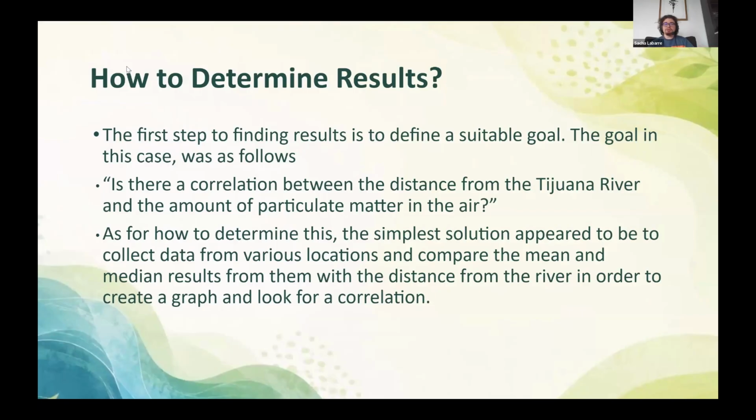As for determining this, the simplest solution, and the one we ended up going with, was to collect data from various locations and compare the mean and median results from them with the distance from the river in order to create a graph and look for correlation.